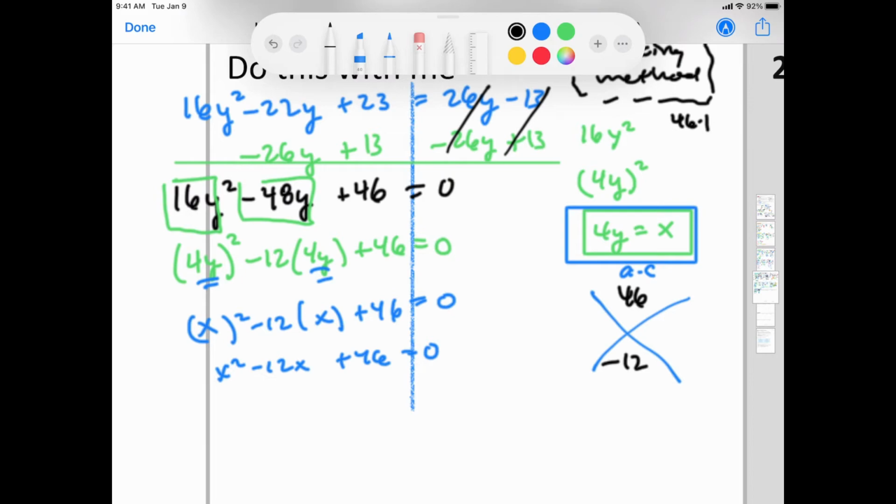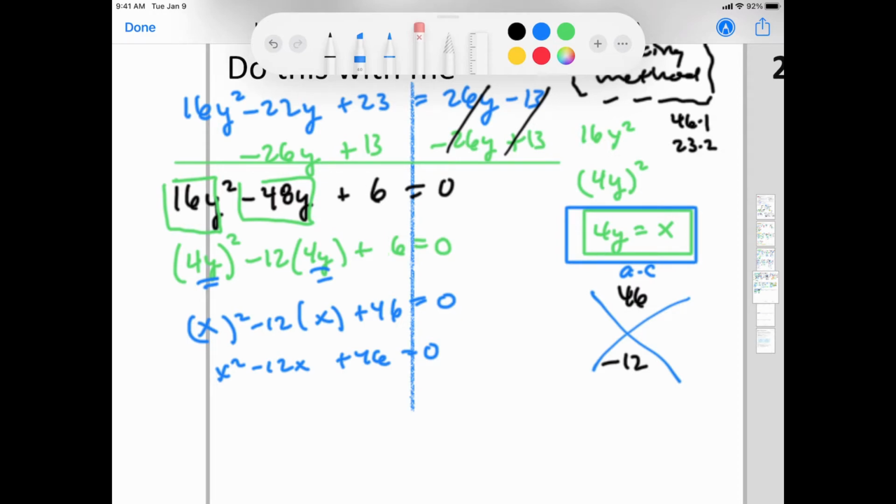So 46 and 1, 23 and 2. I think that's all we got on it. I can't add. As you can see, I can't add up here.